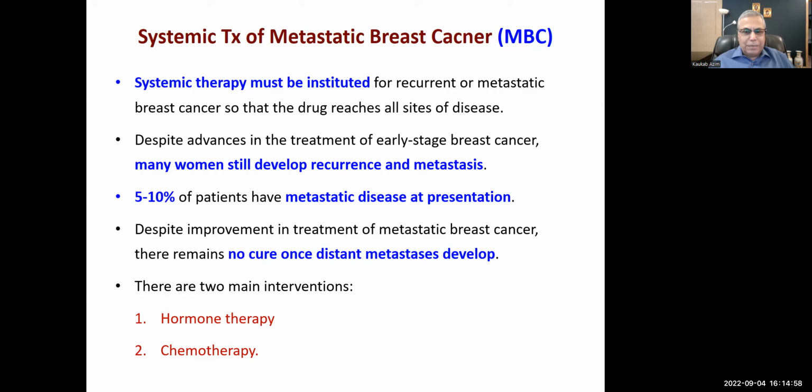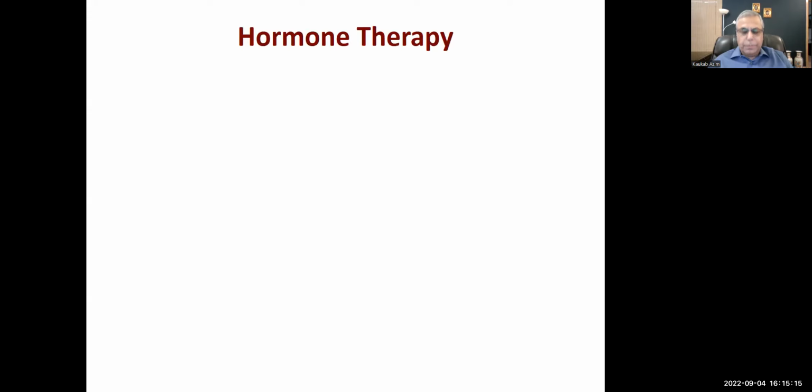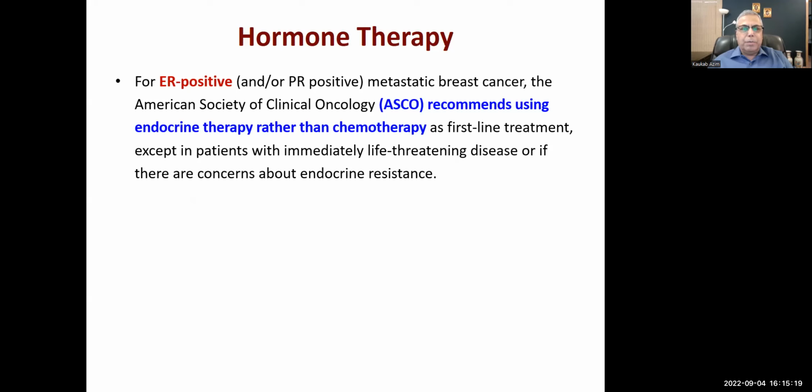I've already mentioned that if it is hormone receptor positive, you have to give hormone therapy, which consists of tamoxifen and aromatase inhibitors. Chemotherapy, I've mentioned a few drugs, and I've given the list of drugs in the drug list as well, okay? So you have to at least memorize the drug lists. Now, hormone therapy in estrogen receptor positive or progesterone receptor positive metastatic breast cancer: the American Society of Clinical Oncology recommends using endocrine therapy rather than chemotherapy as the first line treatment.